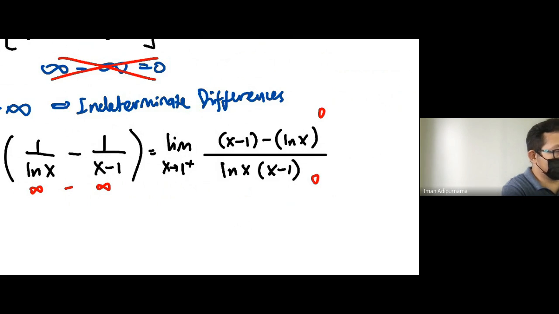Then we can do L'Hopital's rule. So the idea from the first type, second type, and third type is the same. We need to make 0 over 0. We can switch the functions, and for this one, we can conjugate the functions and see whether we can make a 0 over 0 or not. If this is 0 over 0, then we can do L'Hopital's rule.